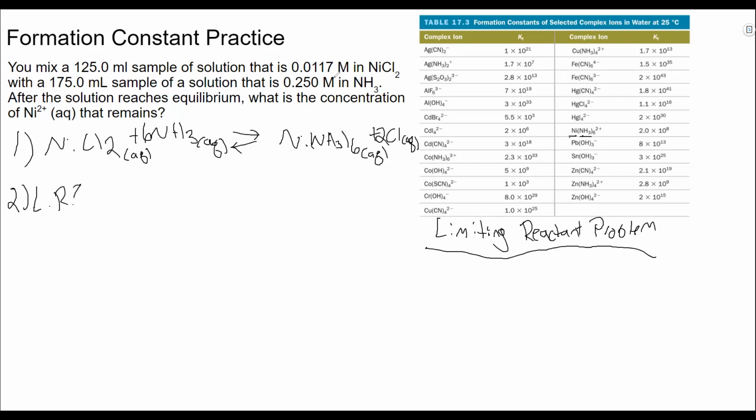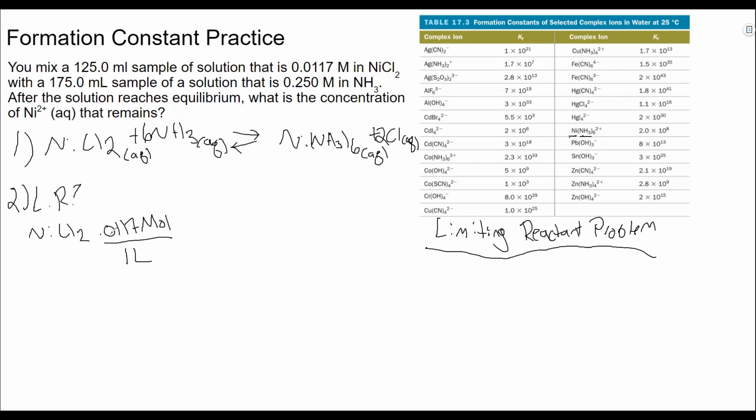And to do that, I need to know how many moles of each reactant I am working with. So let's do nickel chloride first. So NiCl2. I have 0.0117 molar nickel chloride. Remember, molar just means moles per liter.